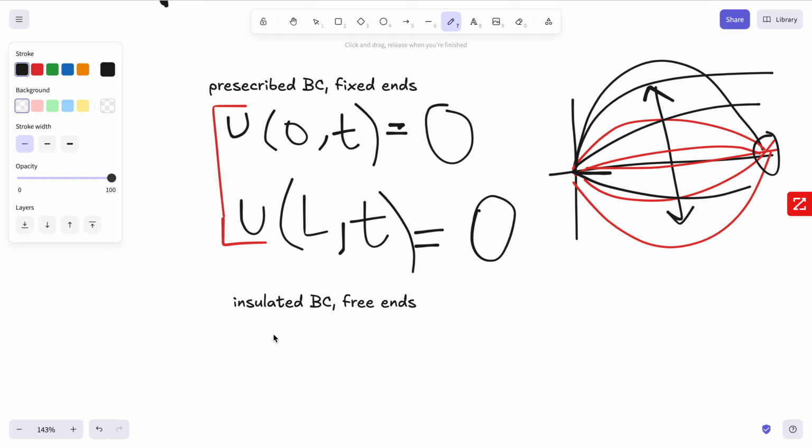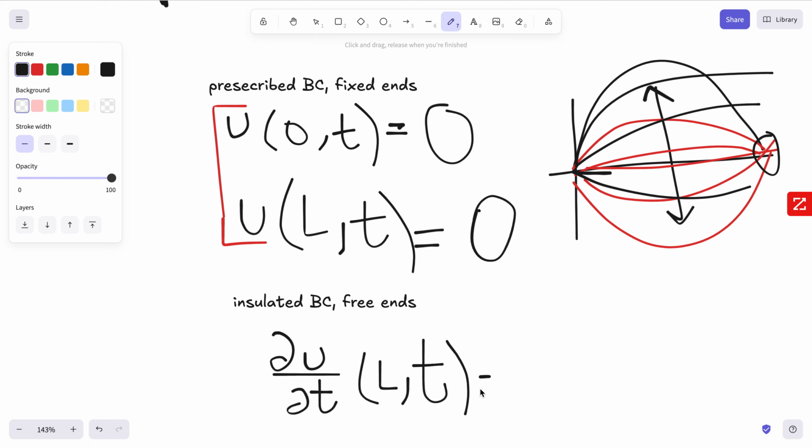All you have to do is say that the derivative at, say, L, t is equal to 0.